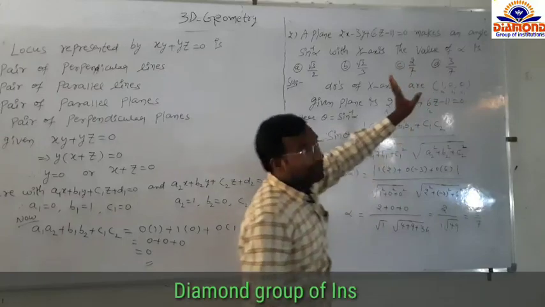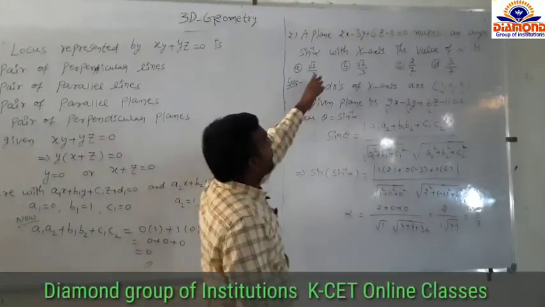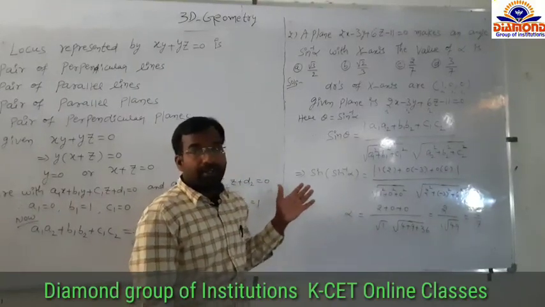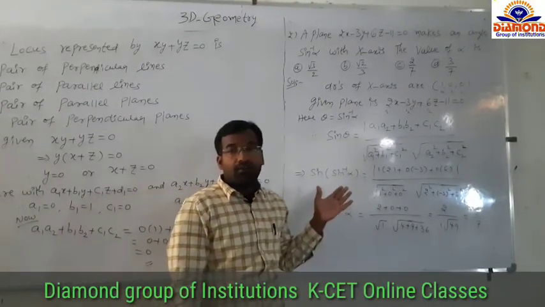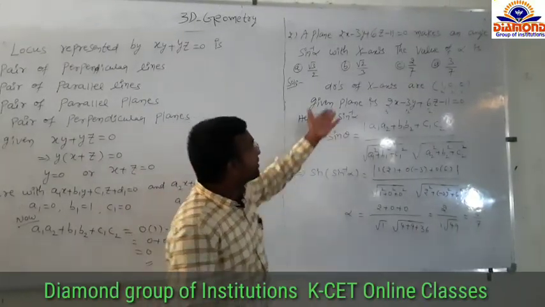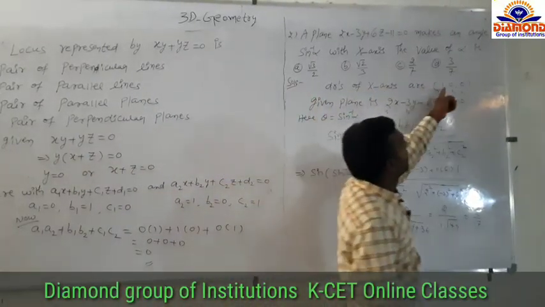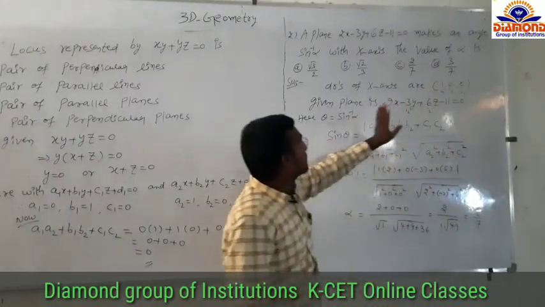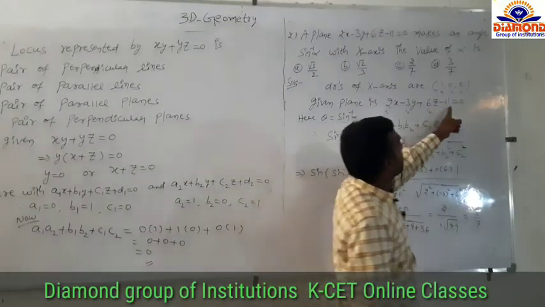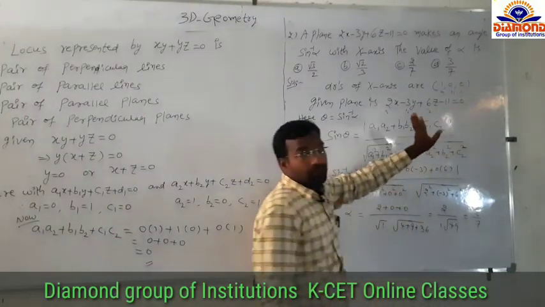See here, first we know that the direction cosines of the x axis are 1 comma 0 comma 0. That's why you can take DRs, the direction ratios of the x axis, also 1 comma 0 comma 0. Next, what is the given plane? 2x minus 3y plus 6z minus 11 equal to 0.